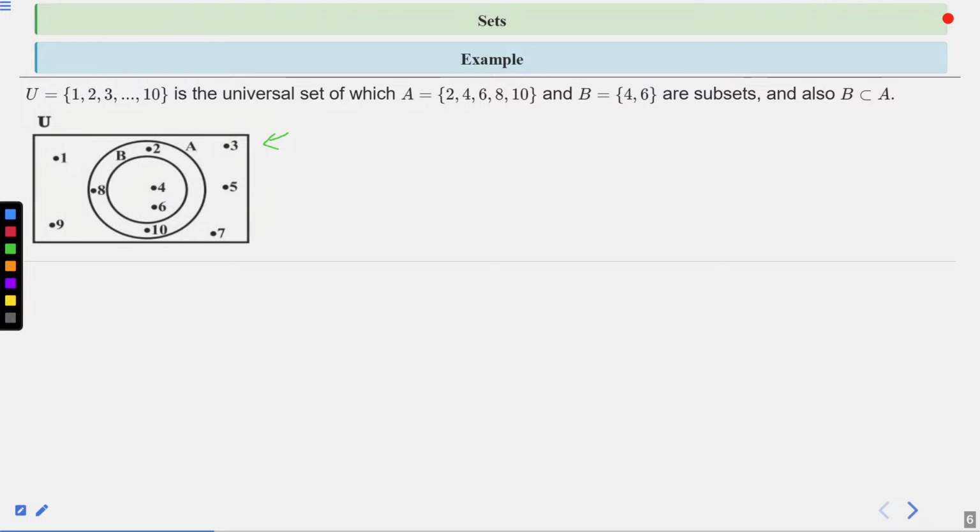Rectangle shows this universal set. Inside this rectangle we are putting our elements from this set, representing that we are having this much of element in this universal set. Now this set, subset A of the universal set, is represented by a small circle enclosed inside this U, a universal set, as you are seeing here.